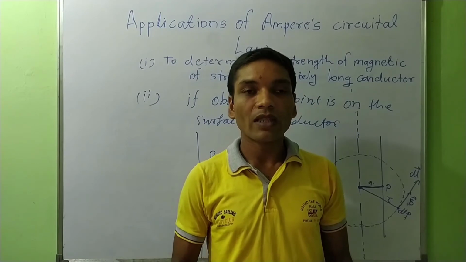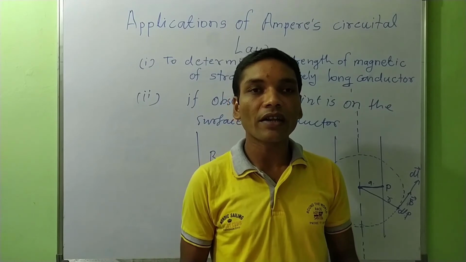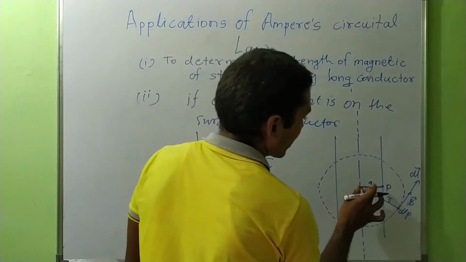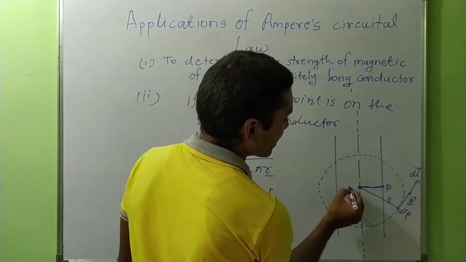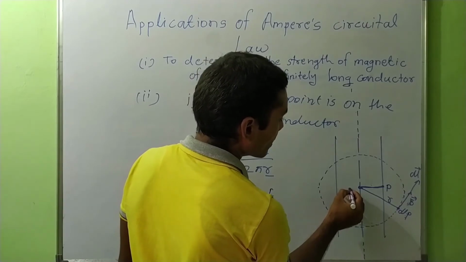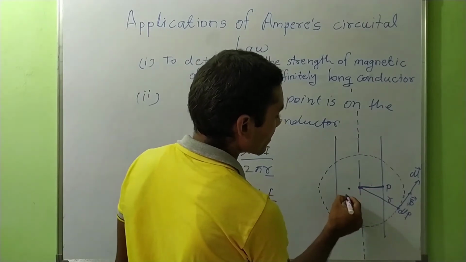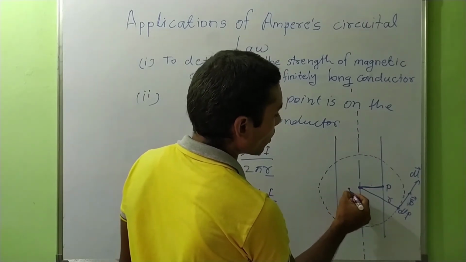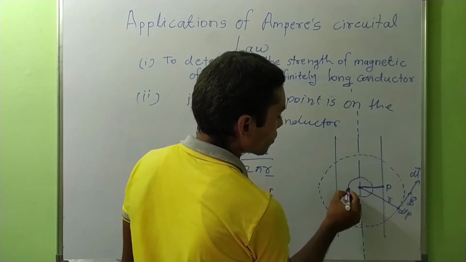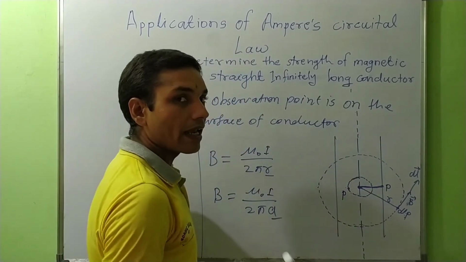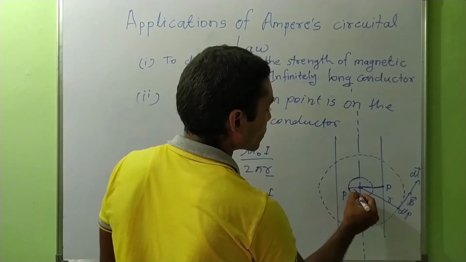Now the third case: if the observation point is taken inside the straight current carrying conductor like that, look here, let this observation point be brought inside the straight current carrying conductor, let this point be P. So we have to draw the Amperian circular loop passing through this observation point, and let the radius of this small Amperian circular loop be small r.